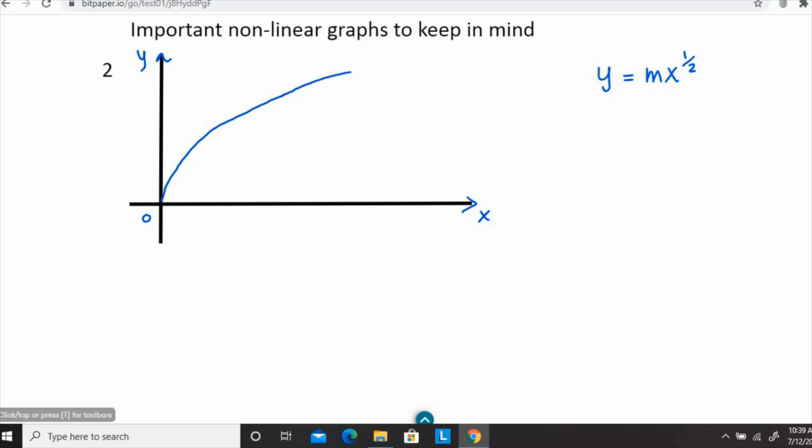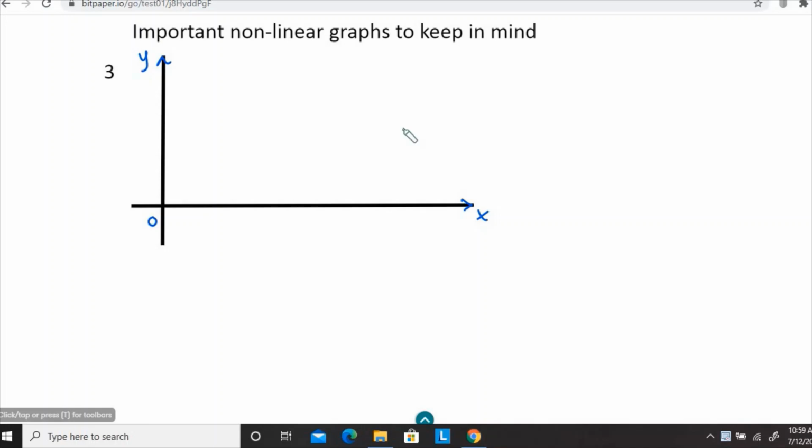So that's your y equals mx to the 1/2 graph. Again, you'll see the slope is different from point to point. You can select 2 points, then draw the tangent at those 2 points, and measure the angle between that tangent line and the positive x-axis. You will see the angles are different.